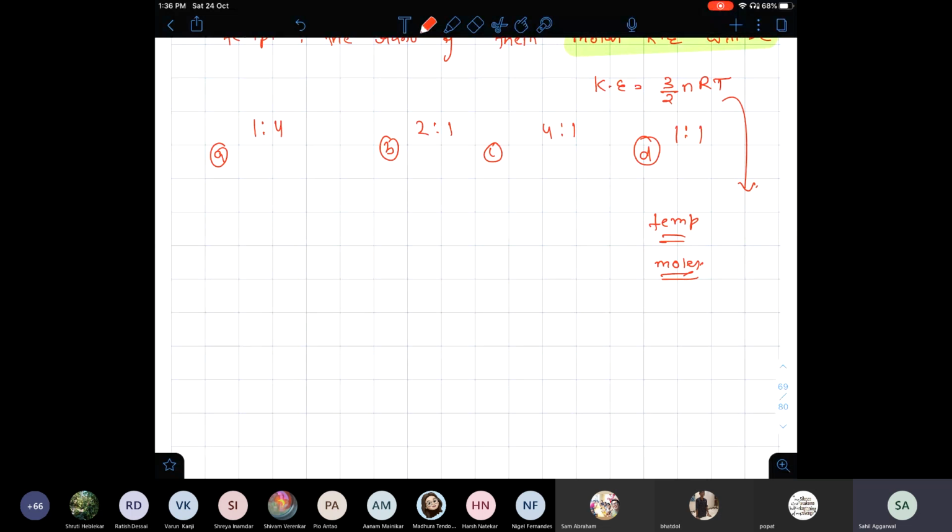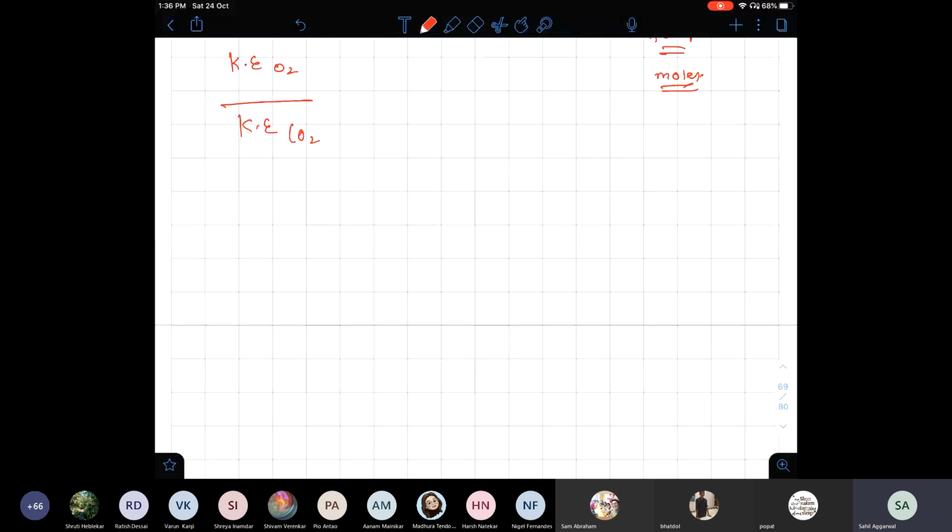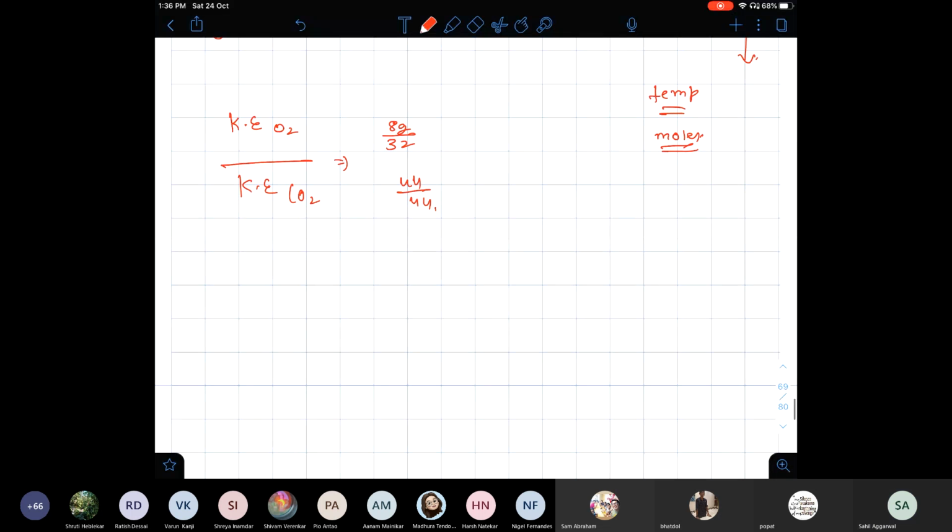क्या लिखेंगे? Kinetic energy of oxygen divided by kinetic energy of CO2. Given mass upon molar mass into 3 by 2 RT. तो ये तो कट जाएगा.